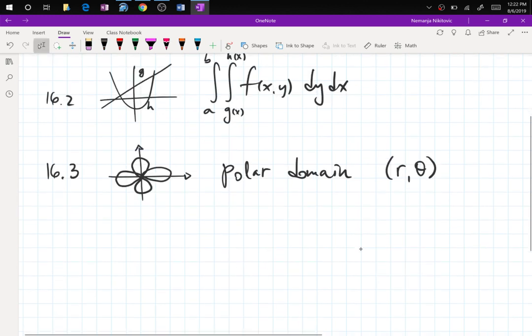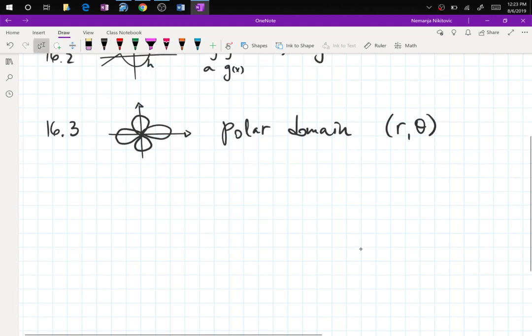Now, this is the one that will be upgraded into cylindrical and spherical coordinates tomorrow when we do triple integration. So, polar domain is a two-dimensional domain where you trace the point by stretching the radius and then swinging the radius on the angle theta that is provided to you.